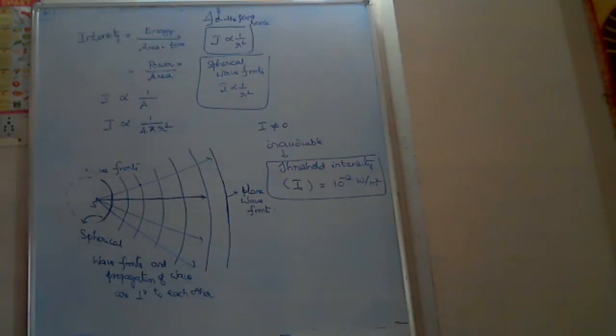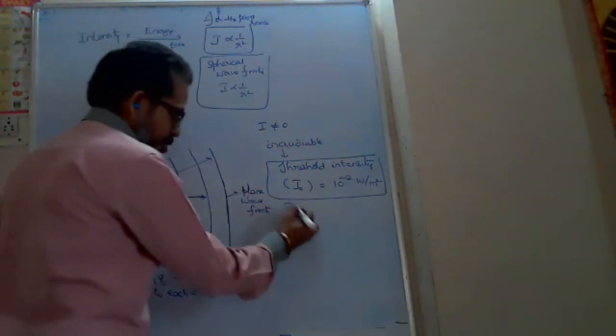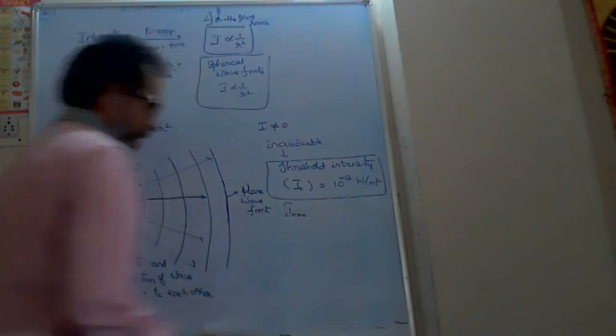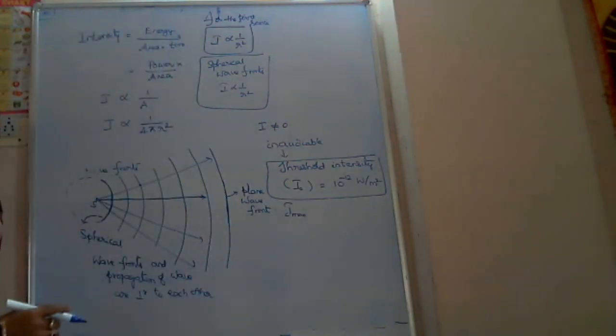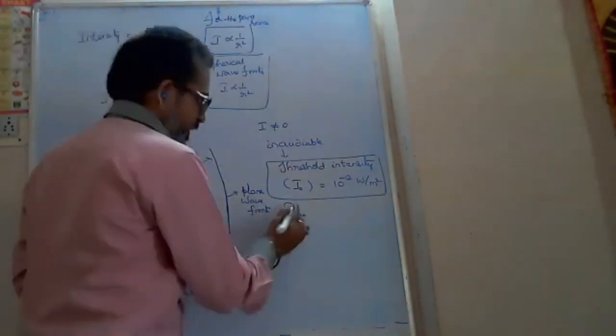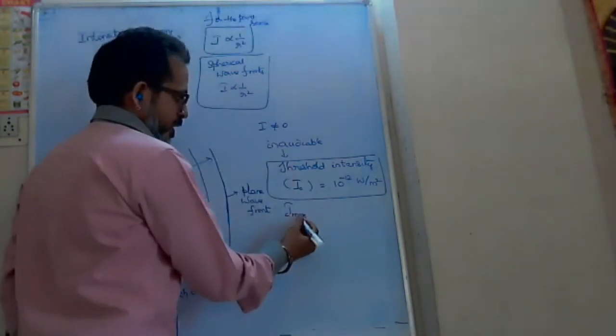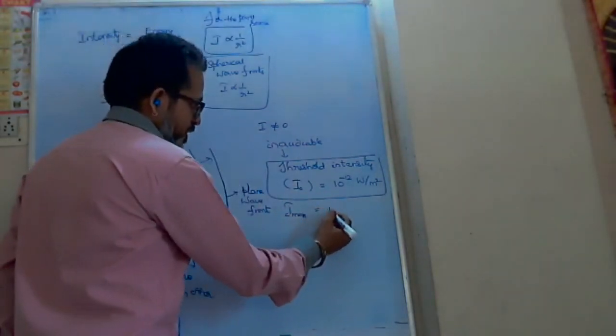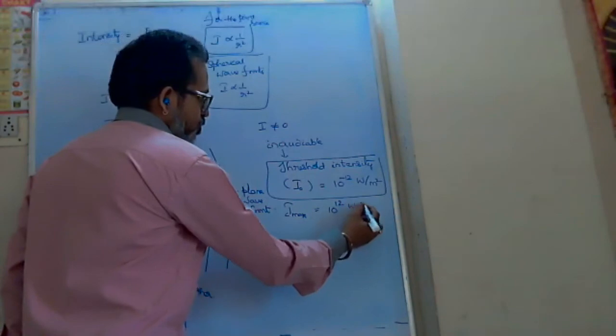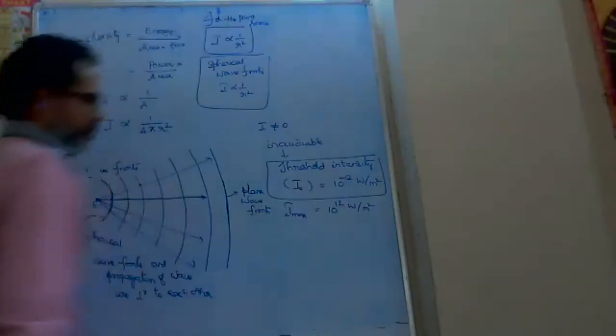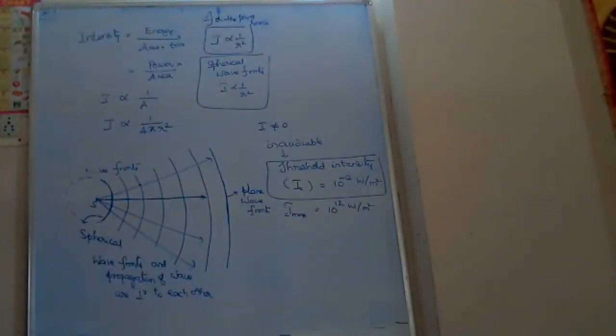Up to I max the person can hear the sound without any pain to the ears. So the I maximum value is 10 power 12 watts per meter square, that is plus 12. So maximum is 10 power plus 12, minimum is 10 power minus 12.